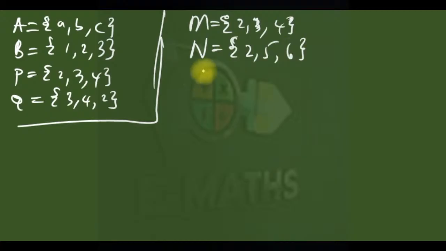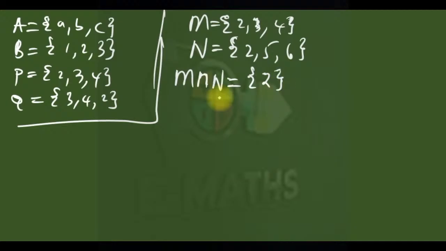If you have M with 2, 3 and 4, and N with 2, 5, 6. If you want to get M intersection N, from the definition it means the elements that are common to both. As you can see, both of them have 2. So that's the answer.